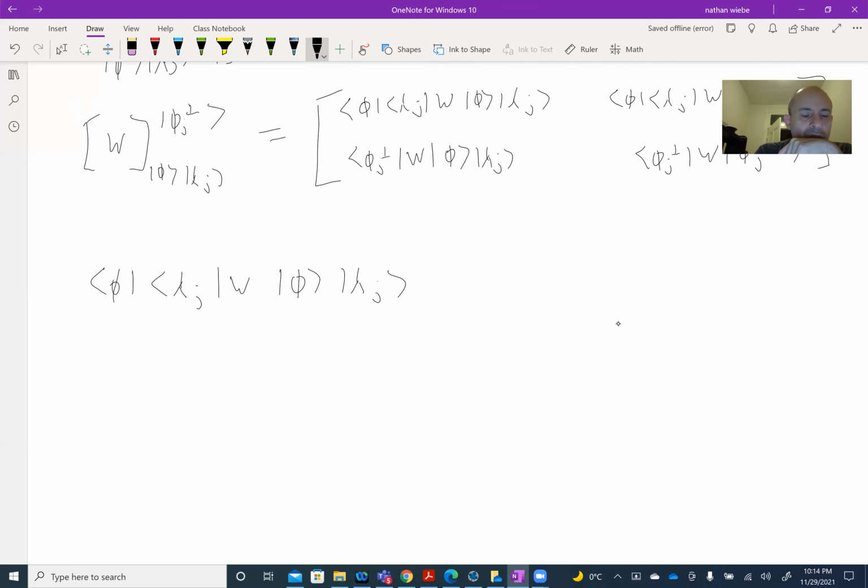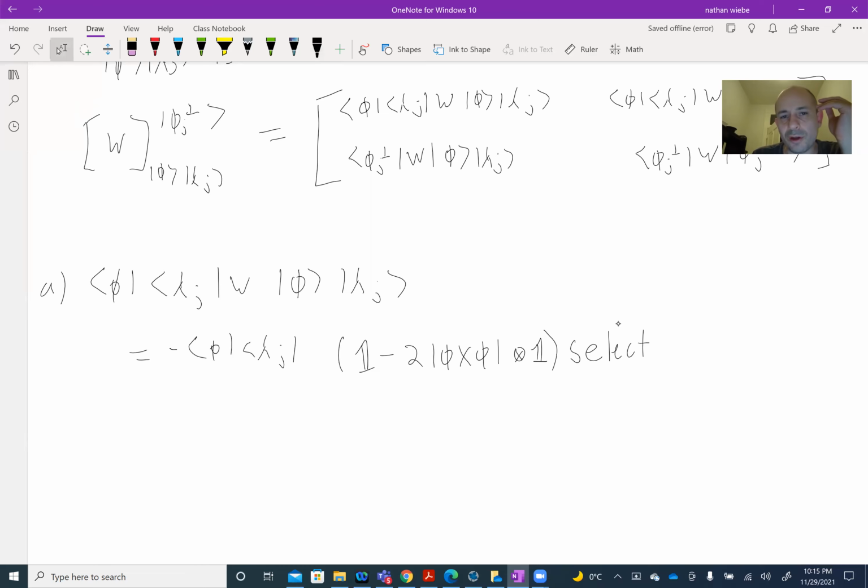Well, using the definition of W, this is equal to phi lambda j, identity, the minus sign out in front, minus 2 phi phi tensor identity, times the select operator.